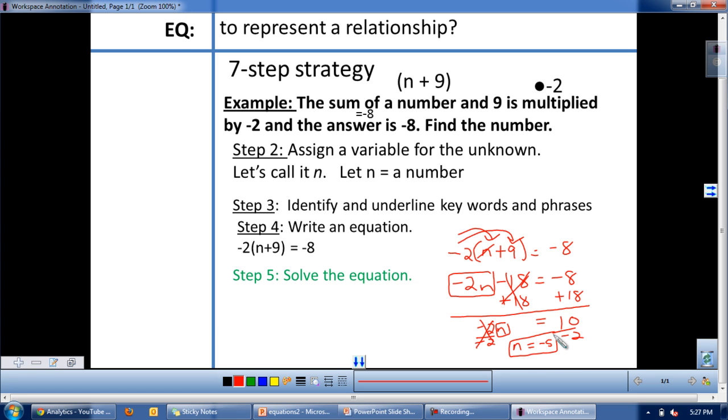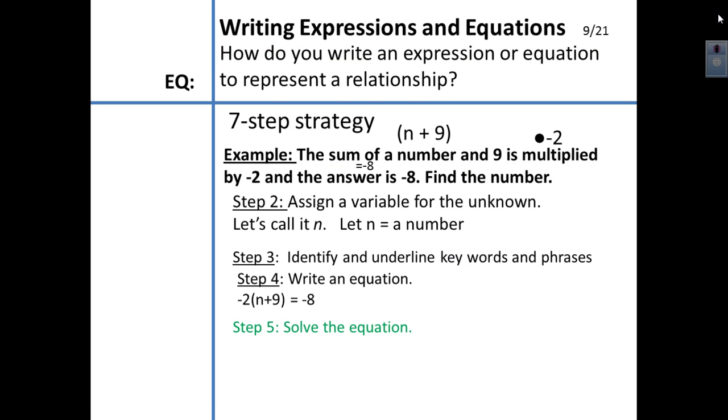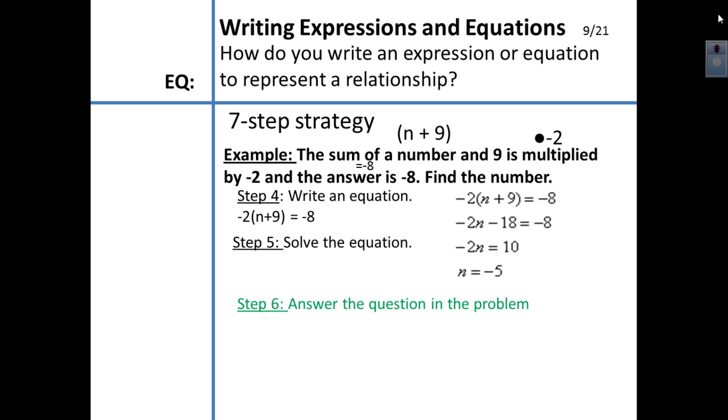We solved our equation, but does that mean we have answered our question? Well, let's continue. As you can see here, the slide says that we solved our equation. n is equal to -5, that's what we ended up with. Step 6, answer the question in the problem.